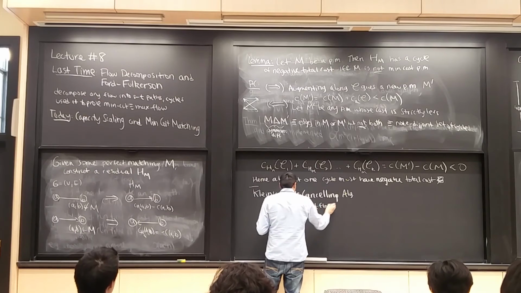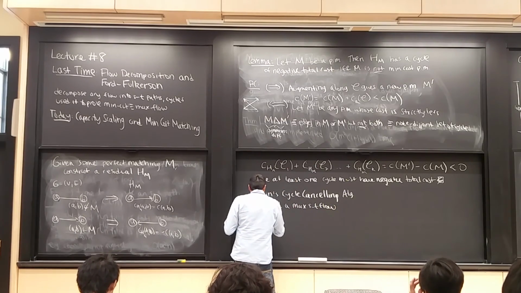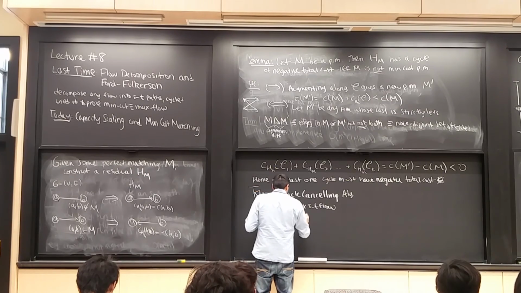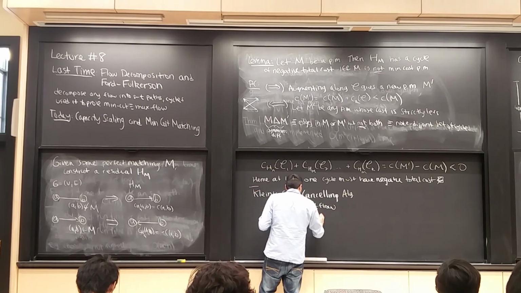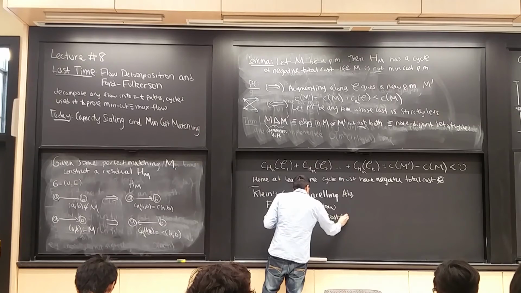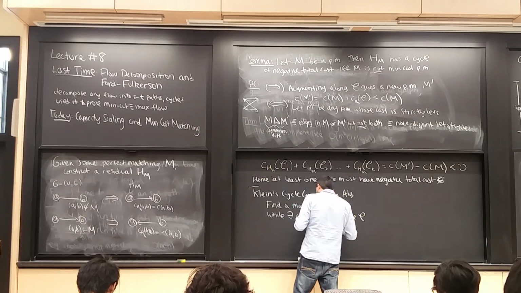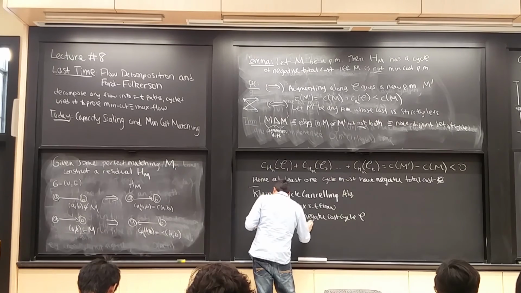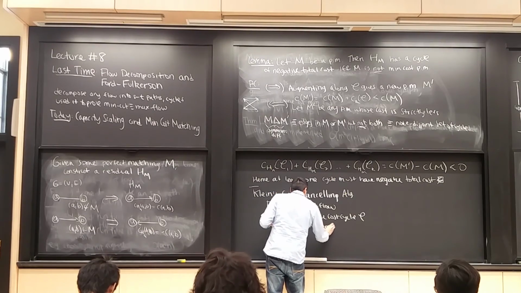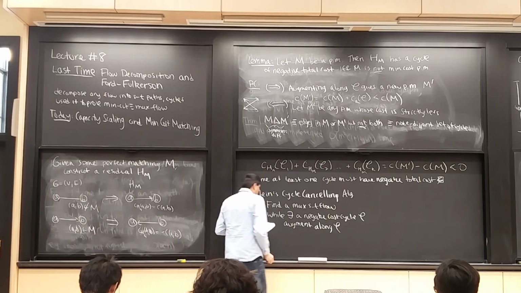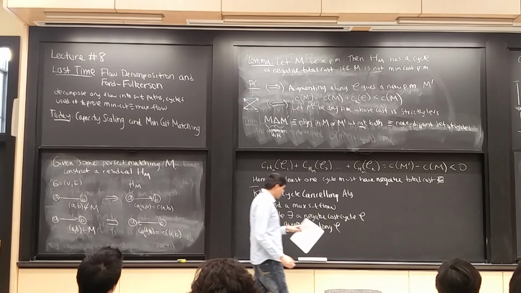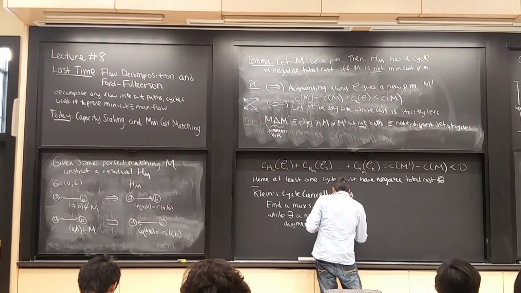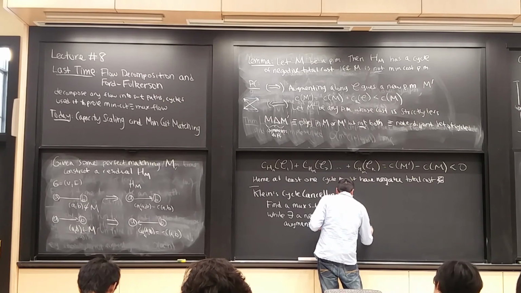And all you do is, while there is a negative cost cycle C, you augment along the cycle C, and you do it by the bottleneck again, whatever that minimum bottleneck is.